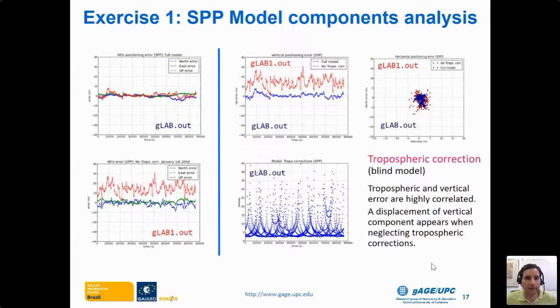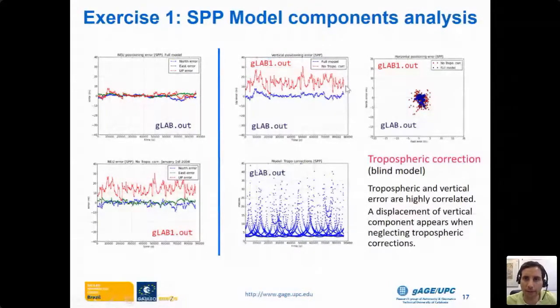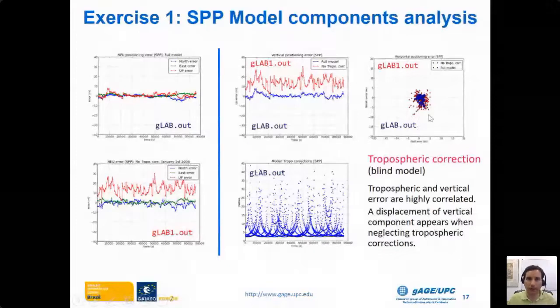Here we would also trigger some questions. Why is the vertical positioning, what we see in red, more affected than the horizontal positioning?